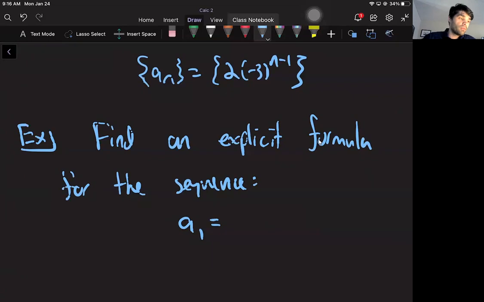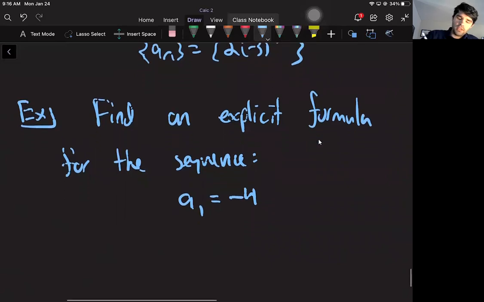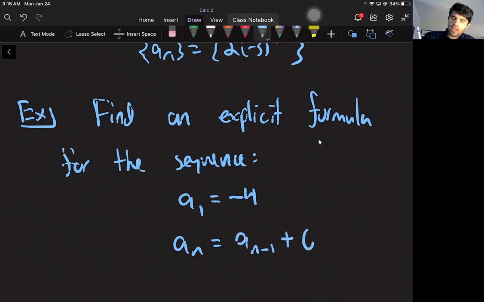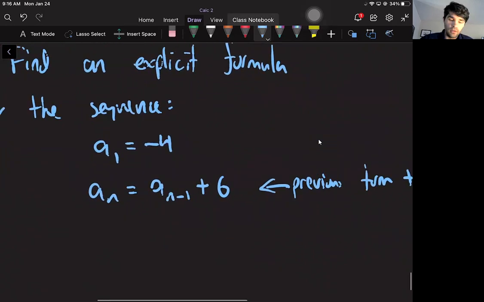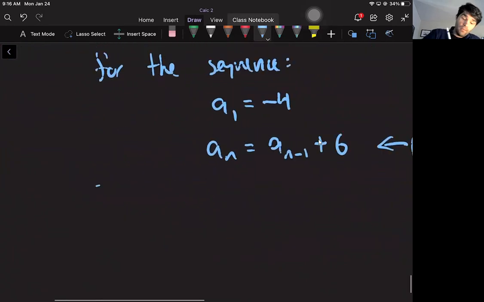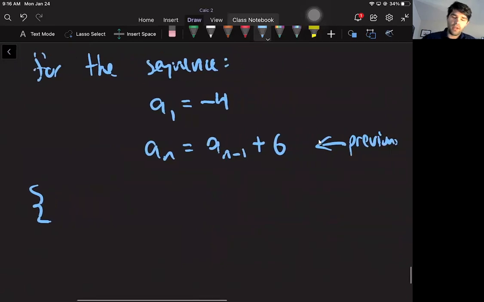So I just tell you the first term, and then I tell you how to get to the nth term from a different term. So in this case, it's going to be take the previous term and add 6. Okay, in words, this is previous term plus 6.